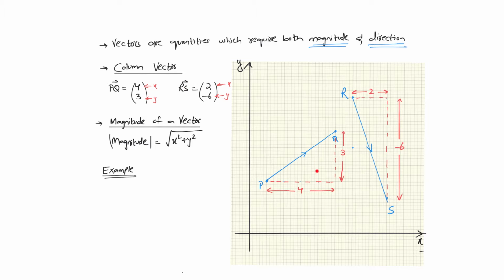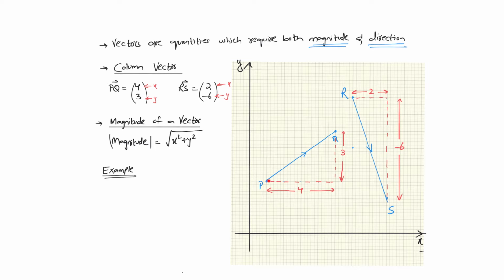Now, representation of vector. Vectors are represented by drawing a line segment, and you can represent a vector in a column vector form. For example, if you see over here, I have drawn a vector PQ, where I make an arrowhead on that, then P is the starting point and Q is the ending point.